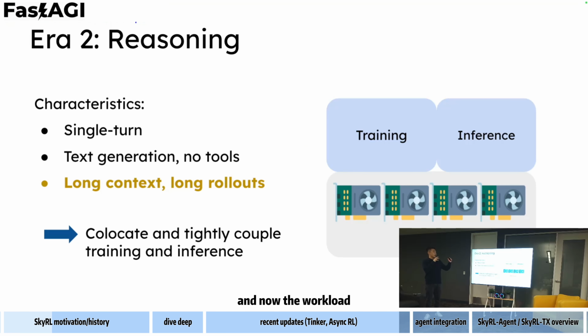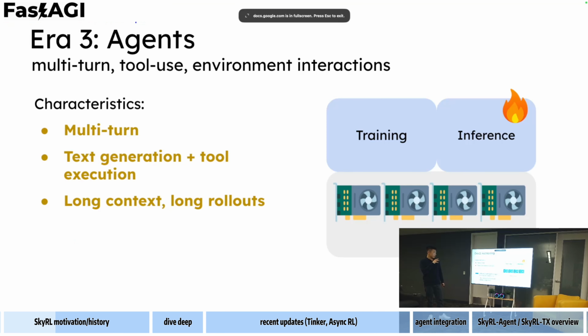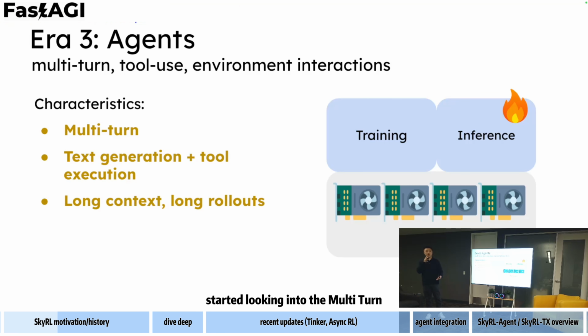And now the workload becomes longer context and also longer generation. And therefore, the inference starts to dominate the training step time. And roughly April or March last year, people started looking into multi-turn agentic RL, which uses a lot of tools and interacts with the environment.